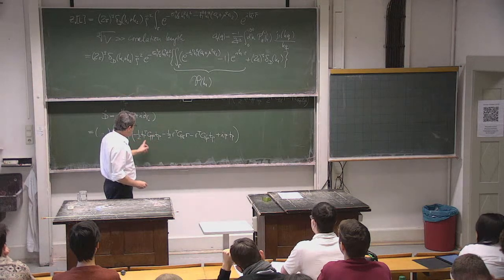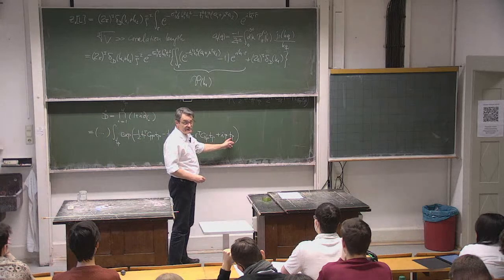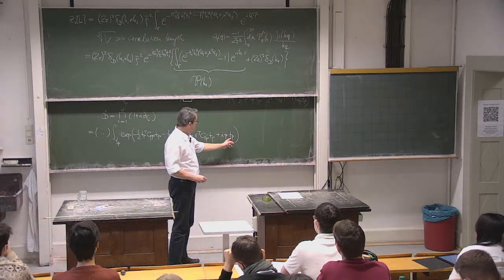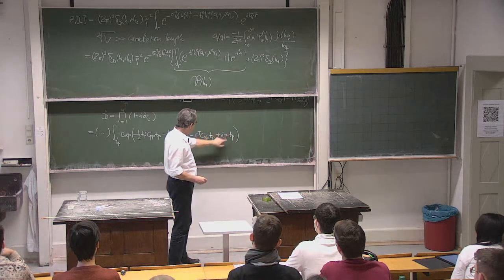You see, we have to integrate over T_P again. But this T_P appears in the Fourier phase here as a scalar product with some vector.